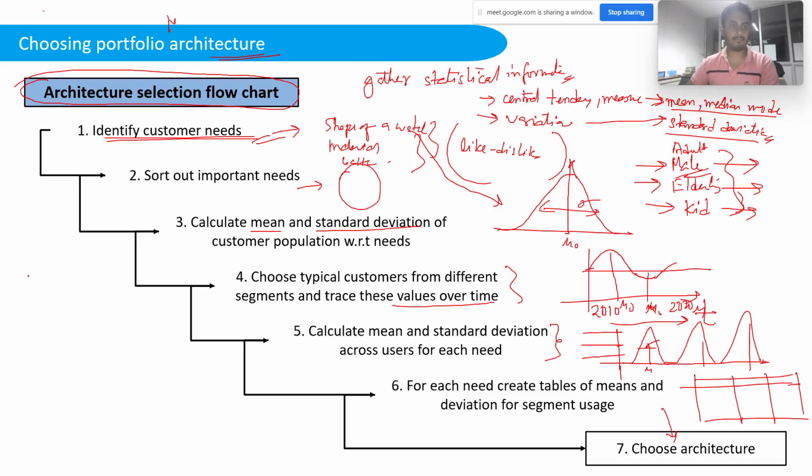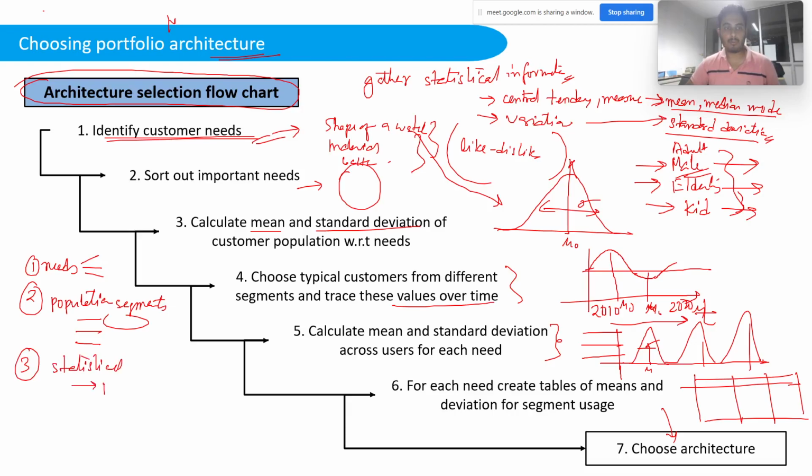One is needs, then population segments. Need means what the different needs are, population segment means what different types of population segments exist, and then we try to gather statistical information.